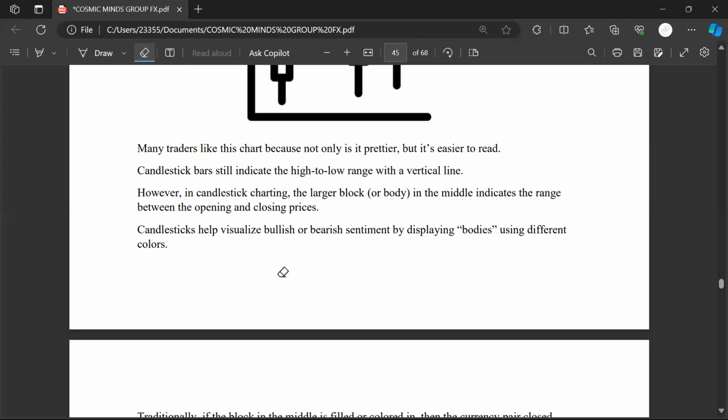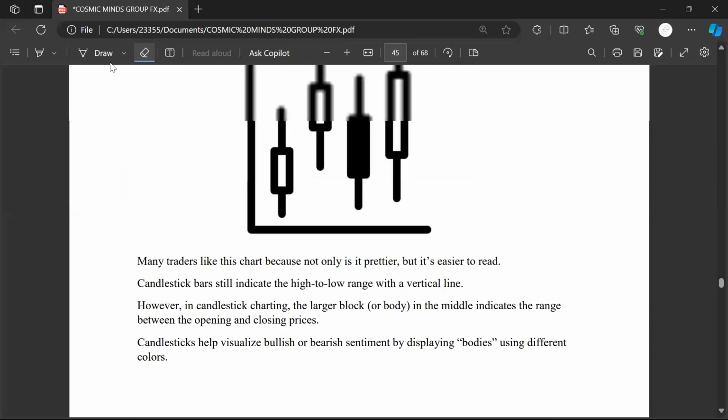However, in candlestick charting, the block in the middle, which is called the body, indicates the range between the opening and close of the price. For example, this is the body that we are talking about, and at the top of it will be the opening or closing, and vice versa here.